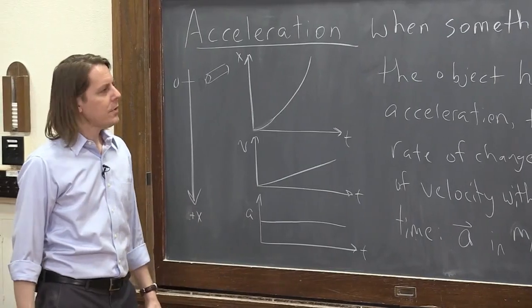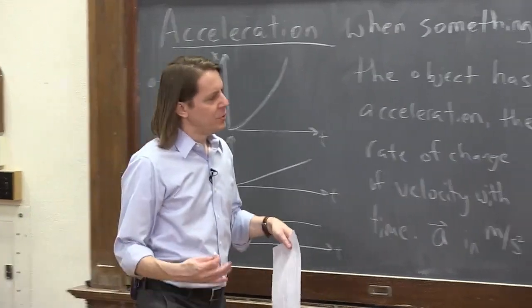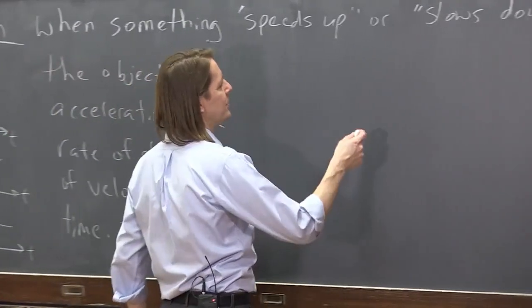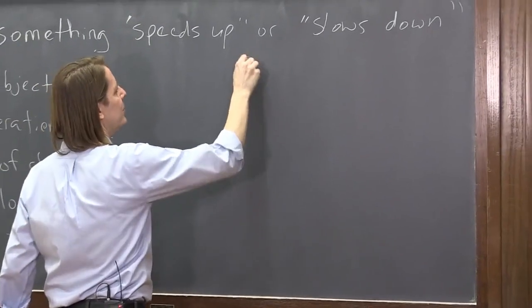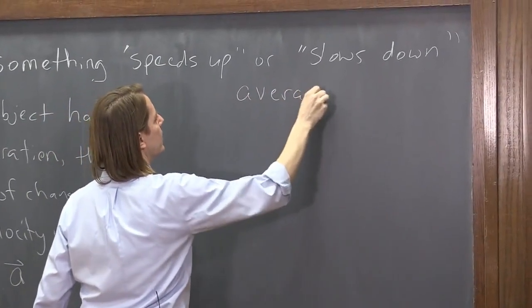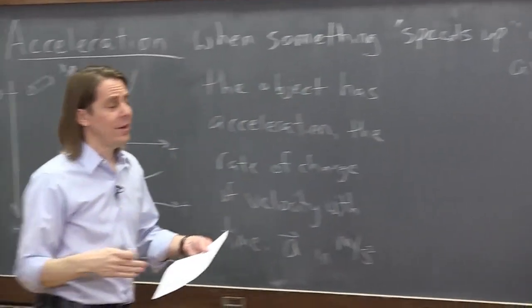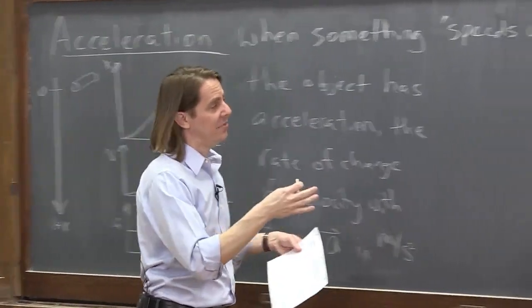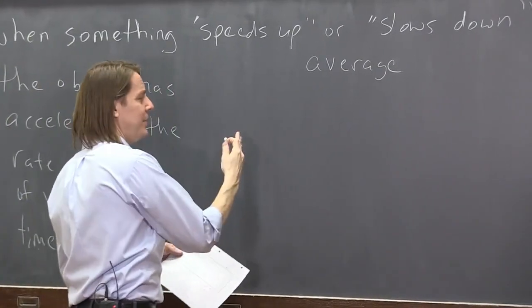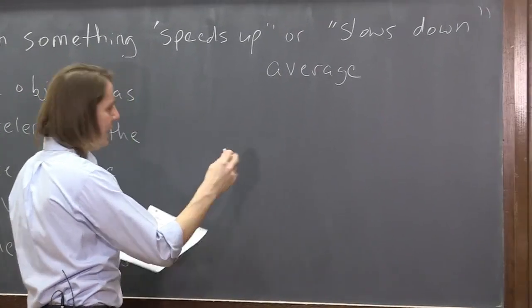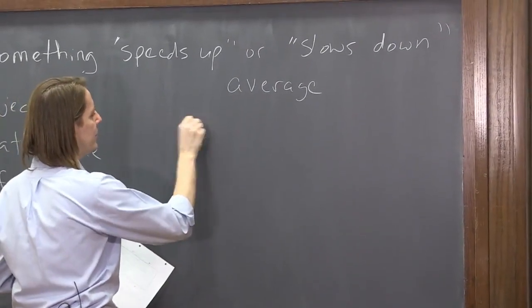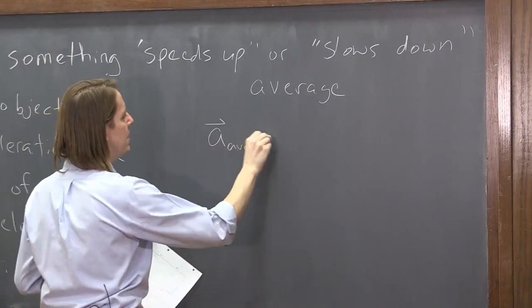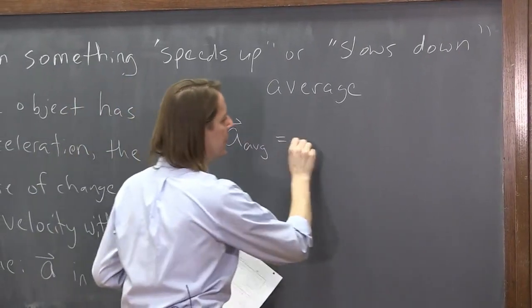That's it. Now, in terms of definitions, we do have the two different kinds of acceleration. Just like we have the two different kinds of velocity, we have average acceleration. So if you want to think about it over some interval, you can have the initial velocity at the beginning of the time interval and the final velocity at the end of the time interval. So you can do this, a-avg, just like with average velocity.